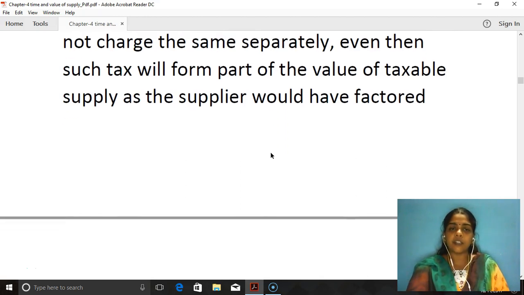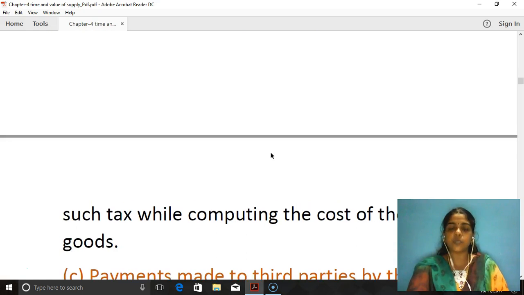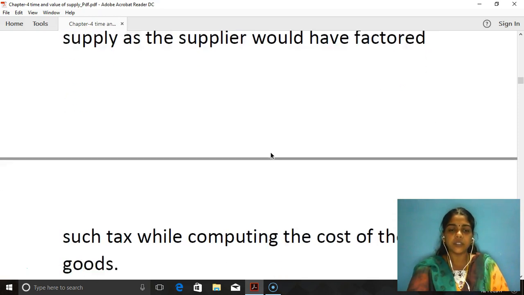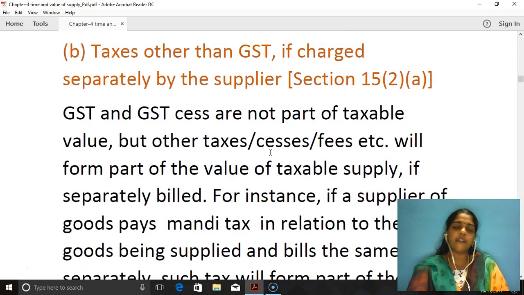So that would be the point. Such taxes which are payable under other laws, other than GST taxes, should be included in transaction value. So in the case of the mining industry, they have a lot of taxes other than GST taxes.